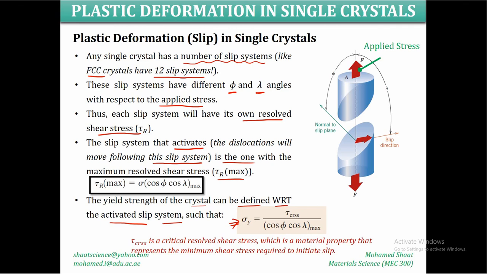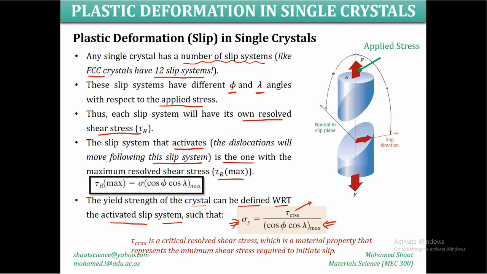So the yield strength can be calculated from tau critical shear stress. This CRSS, the CR stands for critical, SS stands for shear stress. So this is a critical value of the shear stress that is needed to move the dislocation inside the material microstructure, divided by the maximum resolved shear stress that depends on the slip system.